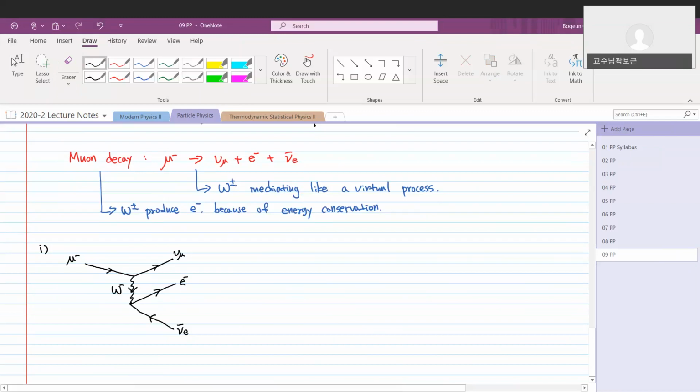So the boson is denoted by a wiggled line, and an antiparticle has the opposite direction of the arrow. So this is the muon decay.